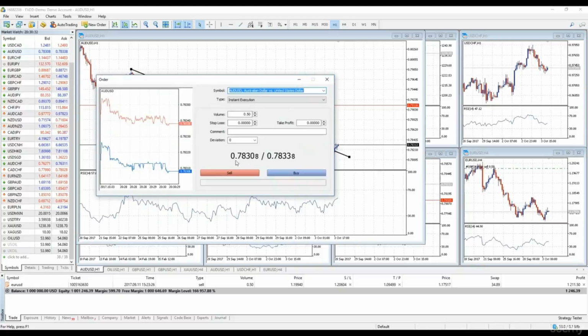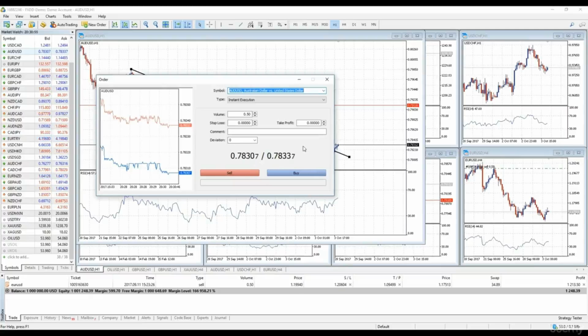So in this case, the bid is 78.30 and the ask is the 78.33. And the 78.33, this is the raised price that the broker raised it to, basically so that they could make a commission off of every trade that you make. Okay, so we already know this because we've went over this in previous lectures.